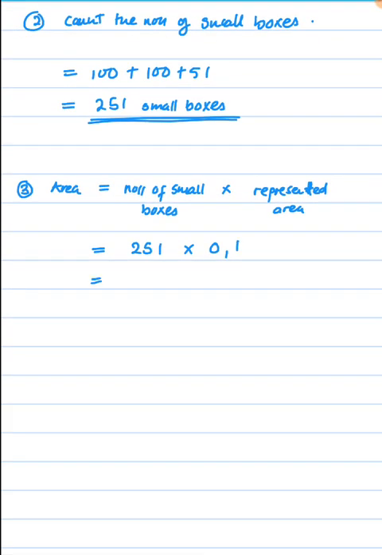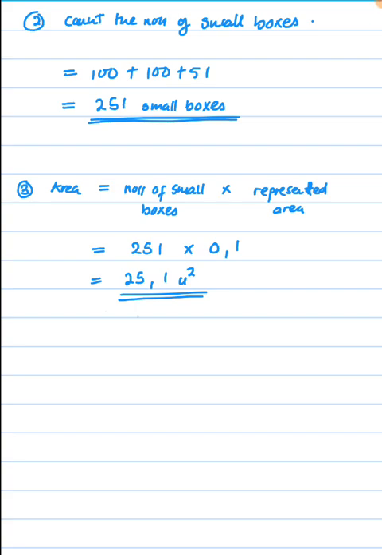So we say 251 multiplied by 0.1, and then we get 25.1 square units.